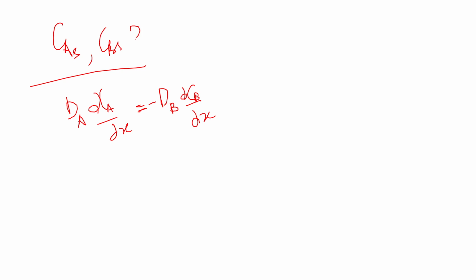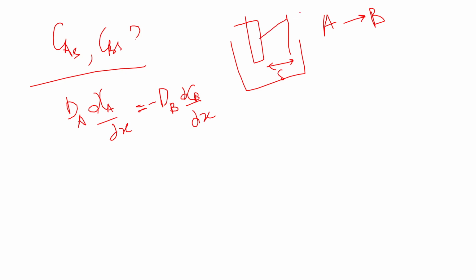It's a variation. If I see, I have an electrode and I have an electrolyte. So at this interface, the reaction is A giving B. You see, A is getting consumed. So I have some value of CAB which gets consumed, and once it reaches the surface, it's CAS.